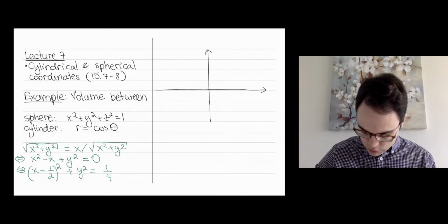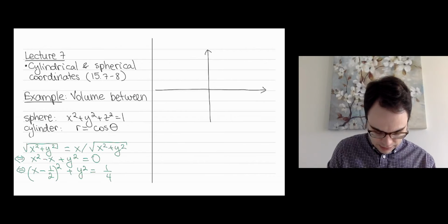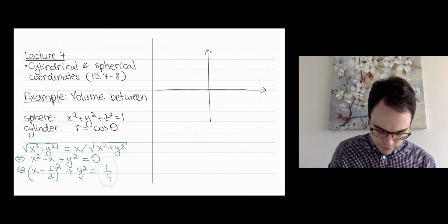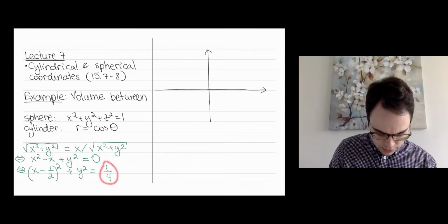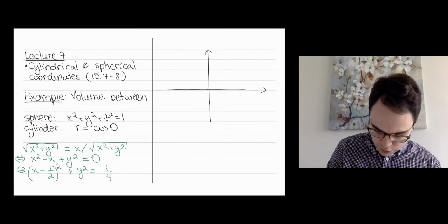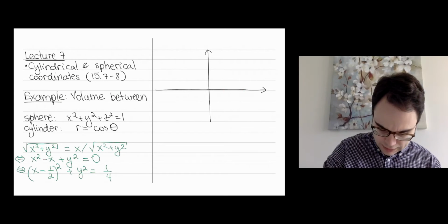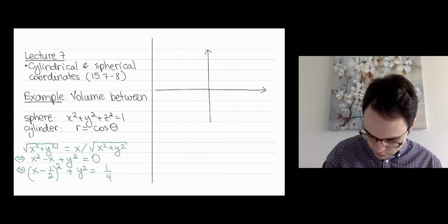This is a circle of radius 1/2, because 1/2 squared is a quarter, and the center is the point (1/2, 0).